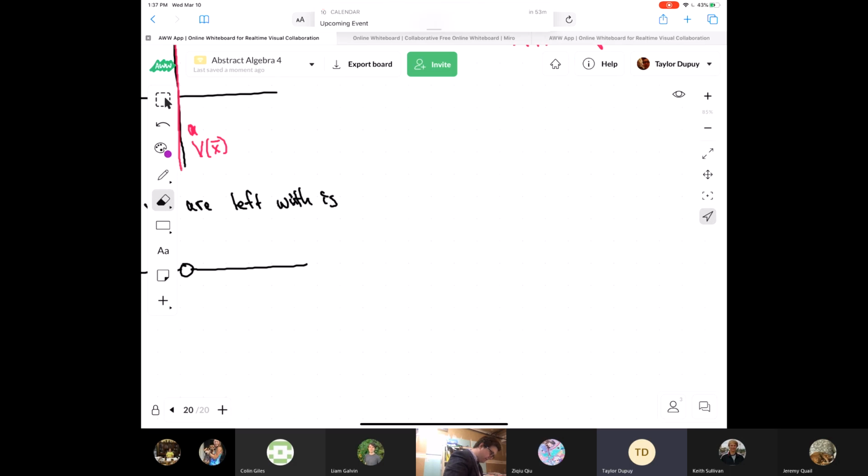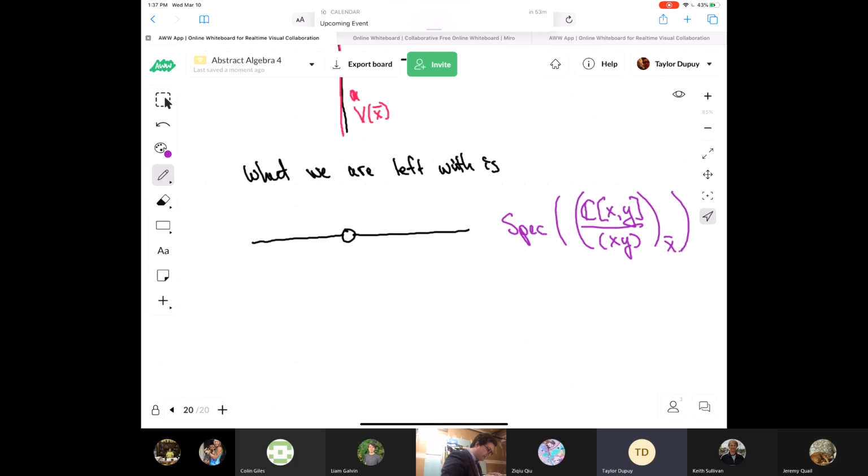This should be spec of C[x,y] mod xy, localized at x-bar. Okay, so that's what this thing should look like.